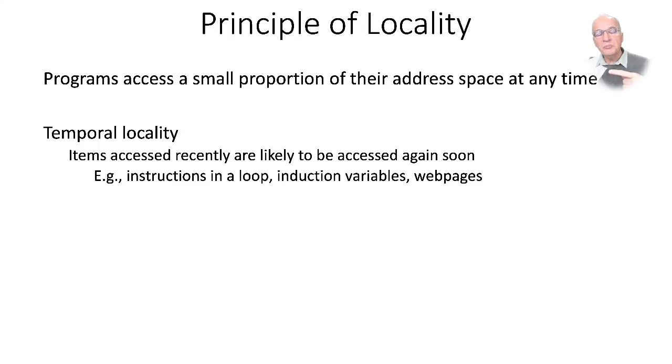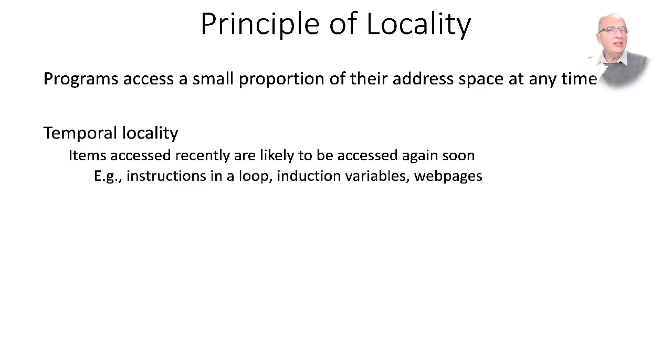So I'm going to be accessing the very same instructions again in the near future. Another example are the induction variables in a loop. So if I have a for loop, for example, I will be incrementing the variable i in every iteration of the loop. So I have to load the value of variable i and then store the variable i in every iteration of the loop.